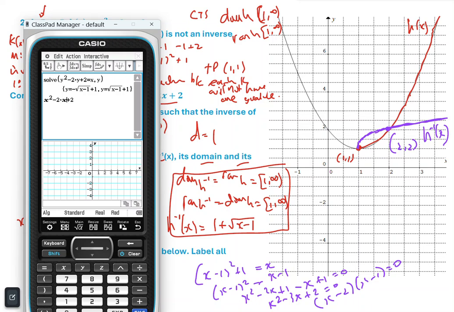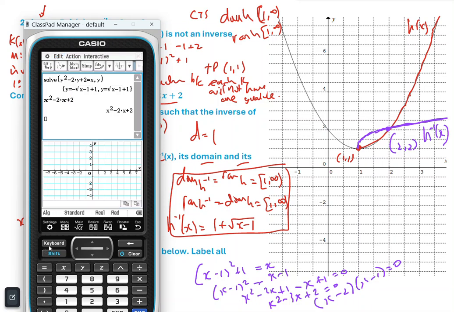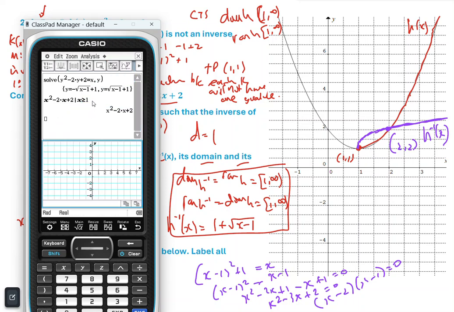Now, when I look at my graph, if I take this, it's going to give me the whole graph. That's no good. So I'm going to put a restriction, keyboard, given x is bigger than or equal to 1. Now, when I open up my graph, if I drag everything with the restricted domain, it only draws it for the restricted domain.